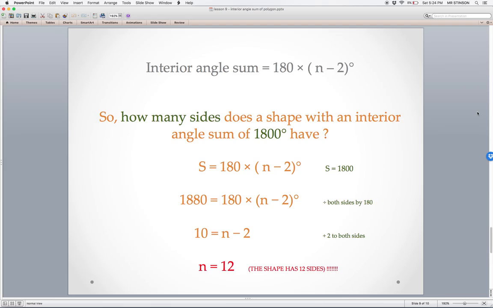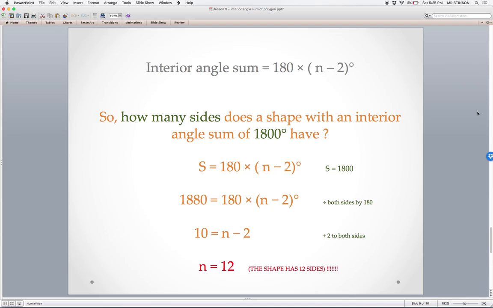But I still need to get n as the subject, so we now need to add 2 to both sides. If I add 2 to the right-hand side, we would simply get n. And if I add 2 to the left-hand side, we would get 12, or 10 plus 2. Therefore, the shape has 12 sides.